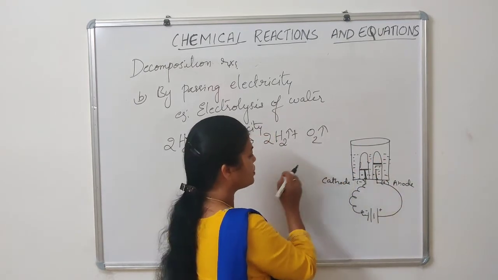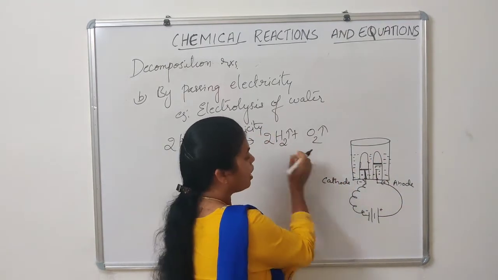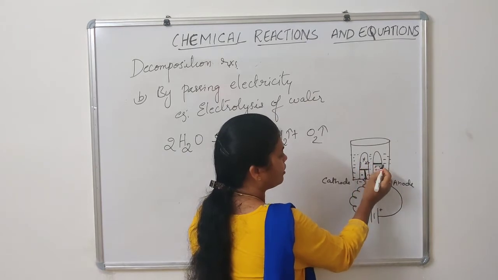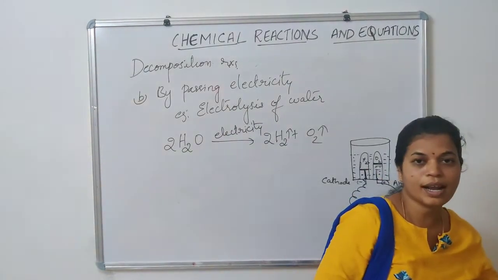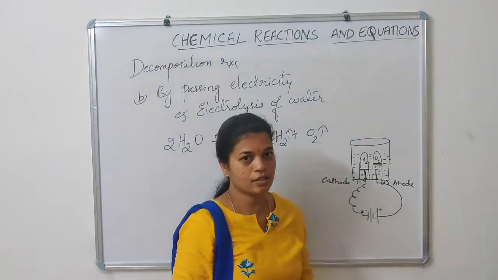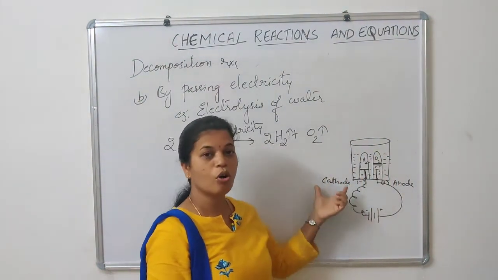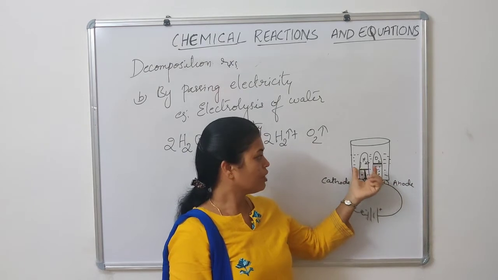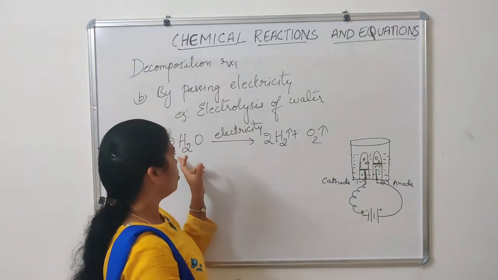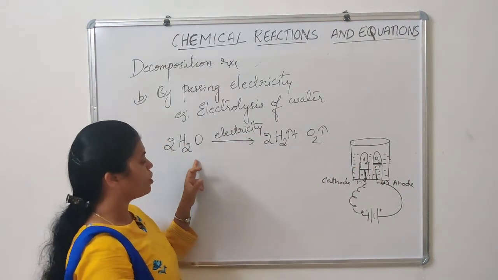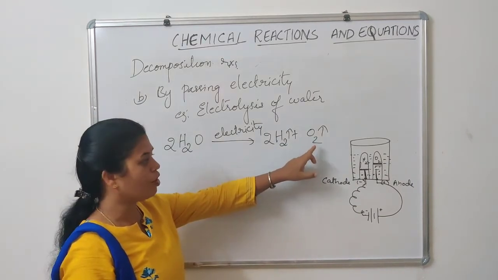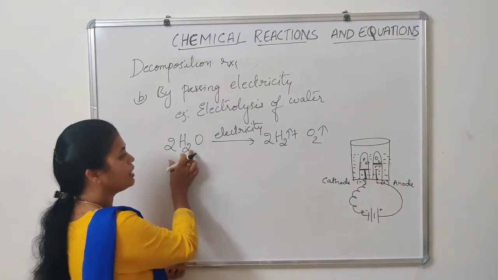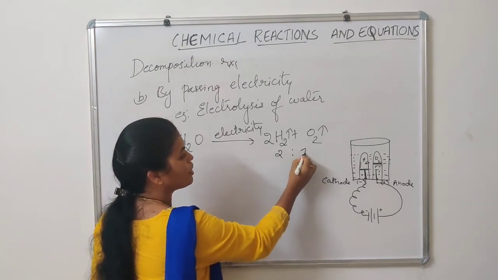So at the cathode, which gas is occupied? Hydrogen gas, whereas at the anode oxygen gas is occupied. The question may arise, why is the hydrogen gas double the volume of oxygen? Here 2 molecules of water split up into 2 molecules of hydrogen and 1 molecule of oxygen, a 2:1 ratio.